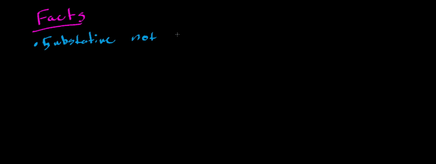So let's go ahead and move on to the facts section of the case brief. So the facts section should be pretty straightforward. Like the issue statement, you want to focus on the substantive facts and not the procedural history.